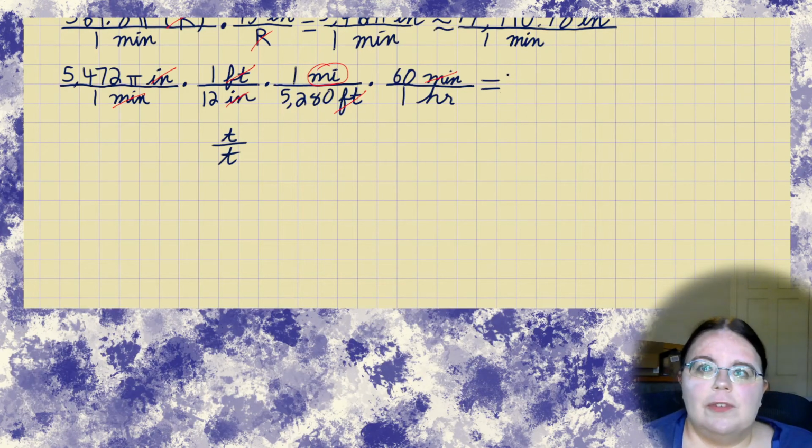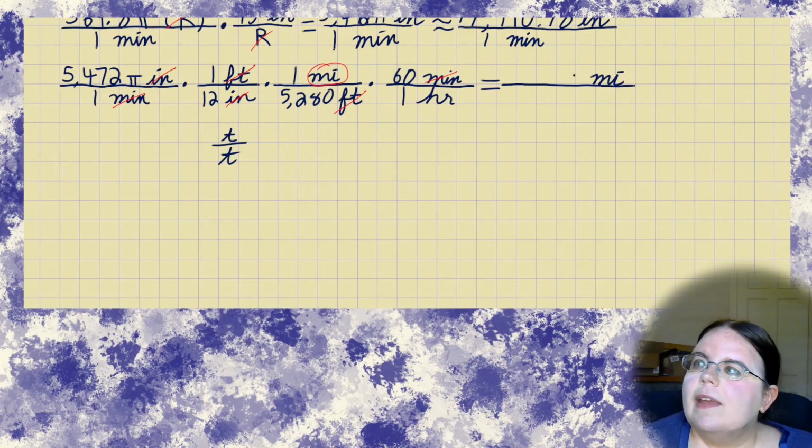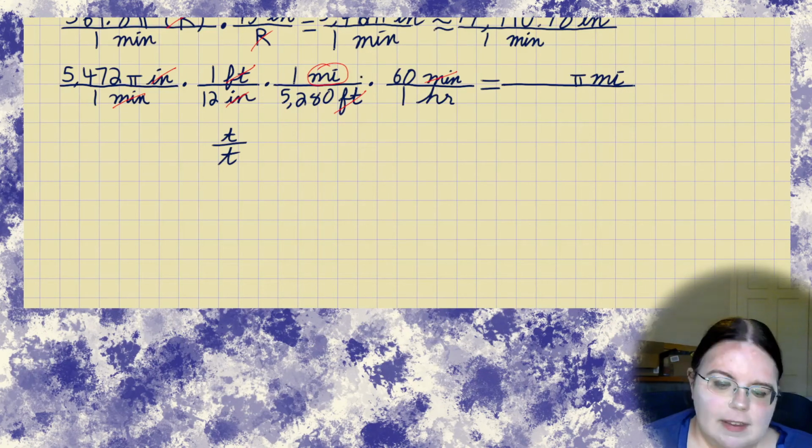Now, these are almost always excellent calculator problems. I see that I am ending up with my unit being miles, and it'll be a multiple of pi to keep it exact, and that multiple of pi will be whatever 5,472 times 60 is.